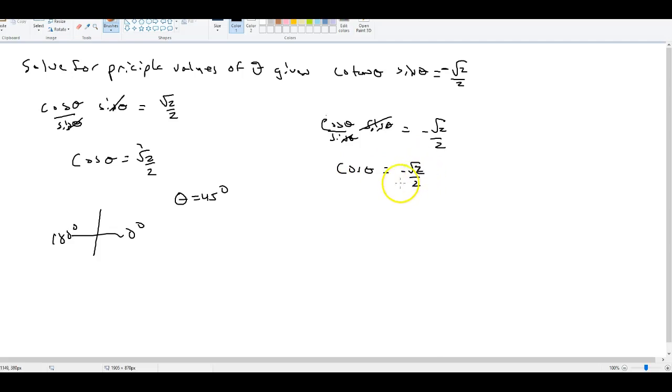And then I go, where is cosine equal to negative root 2 over 2? And so then I'd realize I had to be in the second quadrant. My reference angle is 45 degrees. So this has got to be 135 degrees. So my answer would be 135 degrees, right? And so that would be the answer for that.